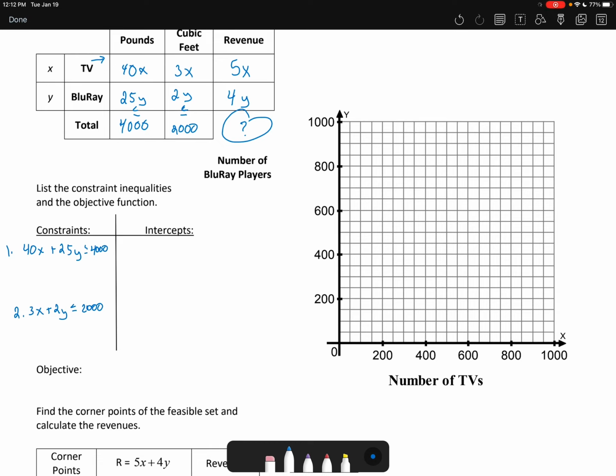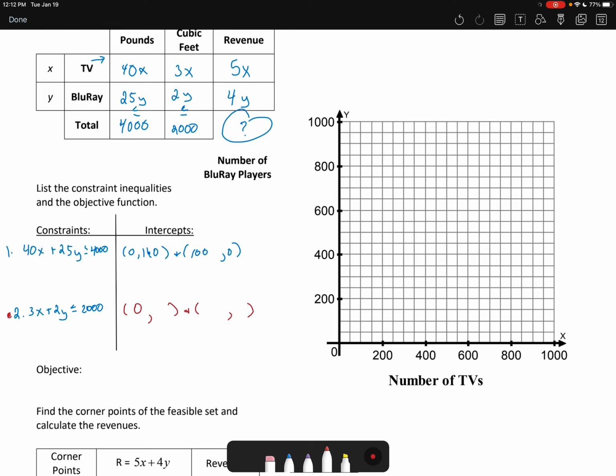Okay, let's find our intercepts so that we can graph these lines. If I do my zeros, in this case 0 for X will give me 160 for Y, and 0 for Y will give me 100 for X. And I'm going to color code this one red.